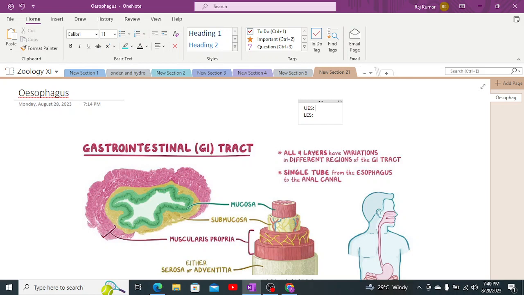It dilates in order to move the food into the tube of the esophagus rather than going inside the larynx through the pharynx.